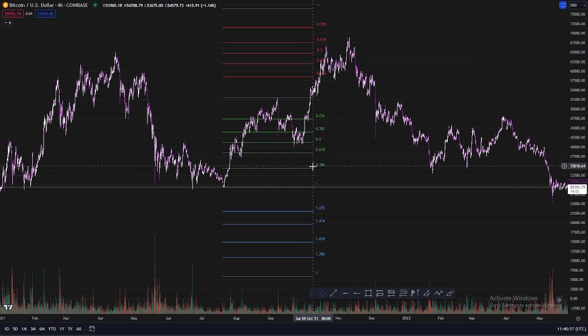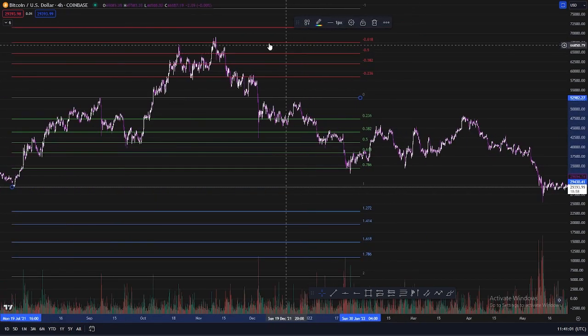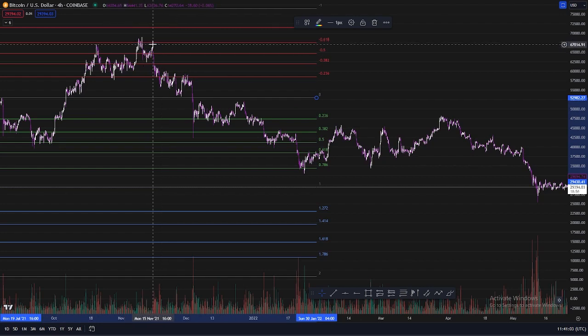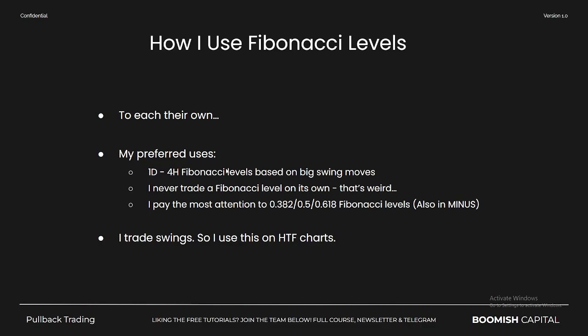I used 0.618 on the daily time frame, not on the 4 hour, as a resistance level right here. So I use the same levels as I would in the plus, in minus as Fibonacci levels. And I trade swings, so I use higher time frame charts, as I said here, in a 1 day, 4 hour. So that's about it.